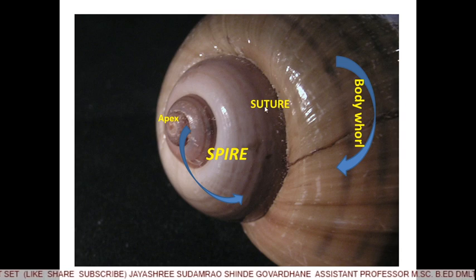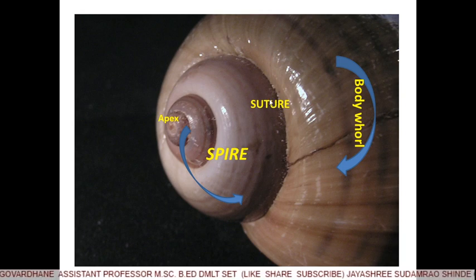This is suture. What is suture? Suture is the connecting part. और हा जो काही तुम्हाला जॉइंट लाईक स्ट्रक्चर दिसत आहे याला suture असं म्हणतात. suture or joint. जसं आपल्या ब्रेनमध्ये आपण म्हणतो sutures असतात क्रॅनियममध्ये, like that this is the suture connection.